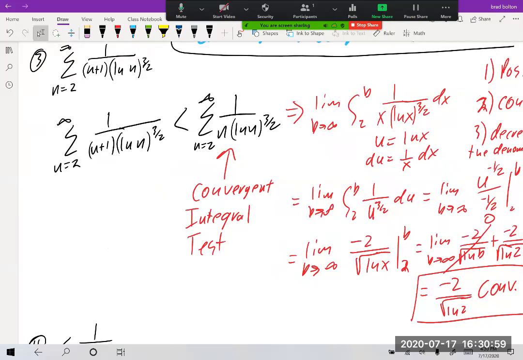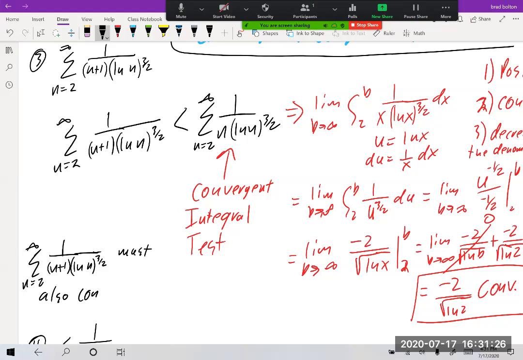So then this means that the series must also converge by comparison test.